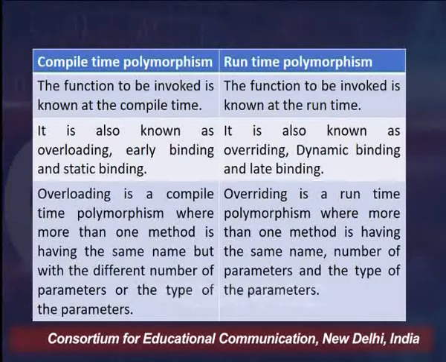As I have told you, compile time polymorphism is also known as early binding, static binding, while runtime polymorphism is also better known as dynamic binding and late binding.